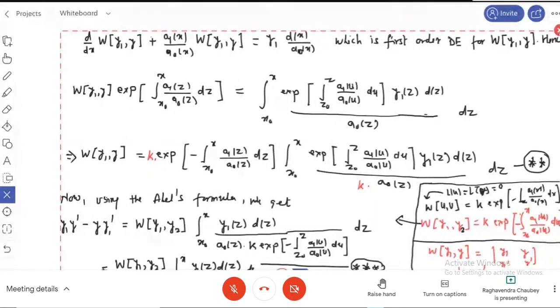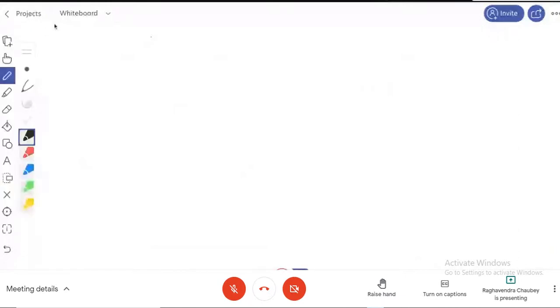Okay, so in next page, if we rewrite this formula and calculate for y2 and y, then we have an equation which is defined by triple star.